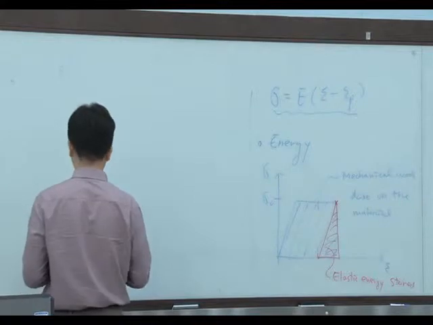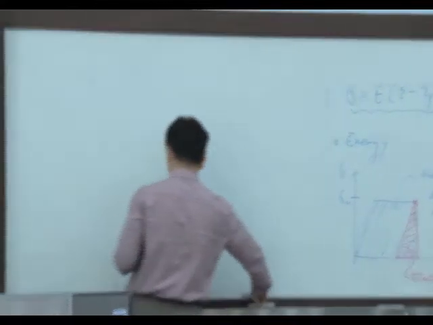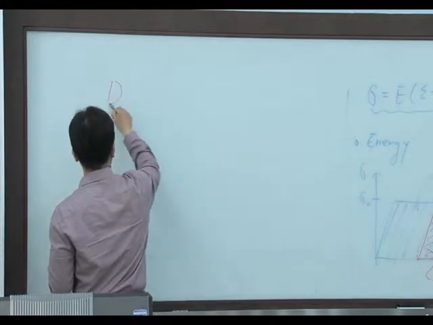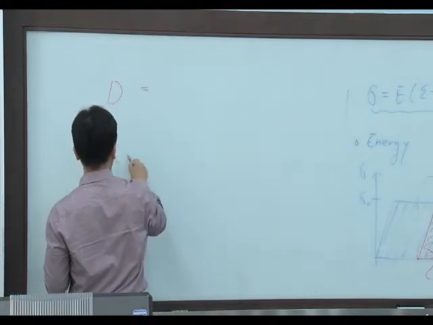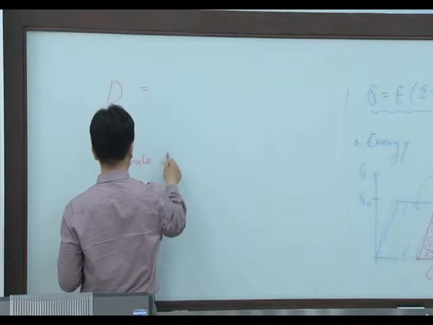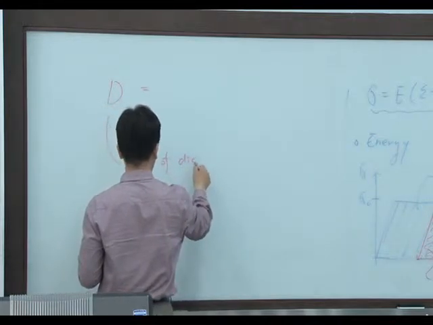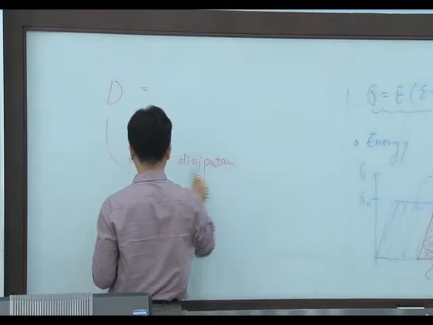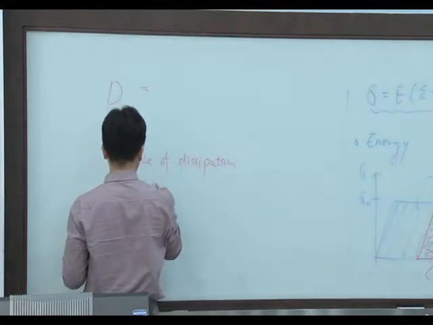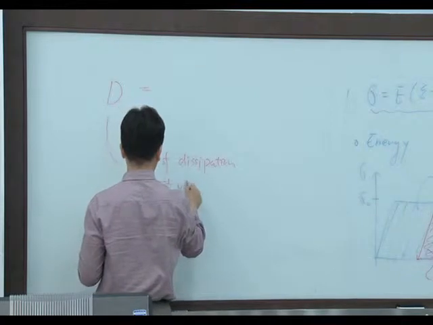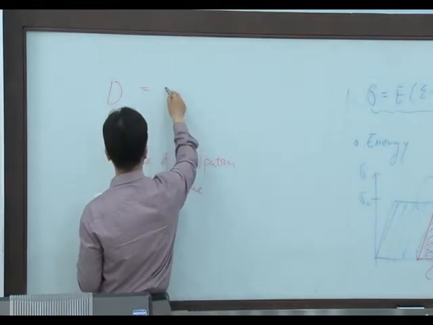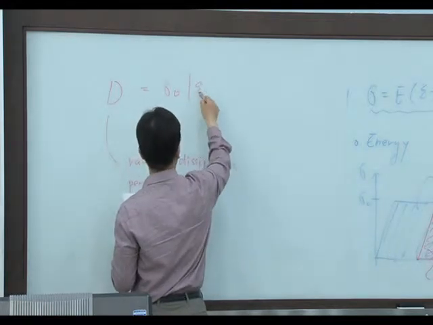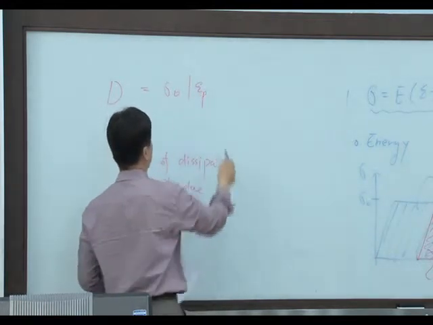Let's define the dissipation D, the rate of dissipation per unit volume, equal to sigma_0 times the absolute value of E_P. E_P is the plastic strain.